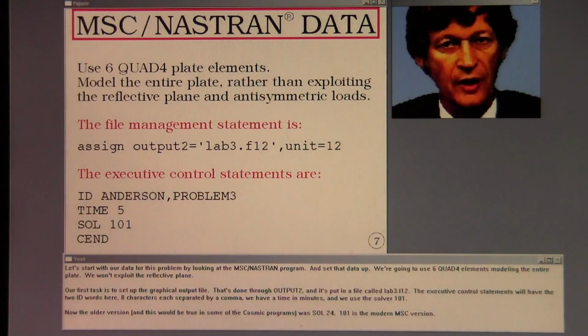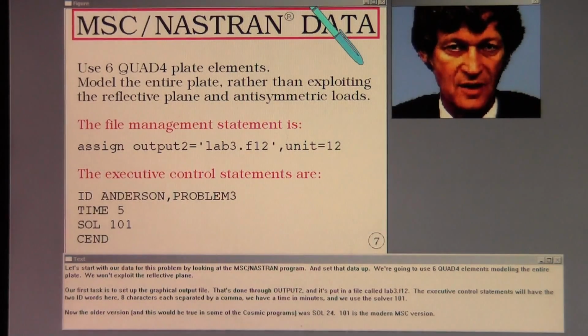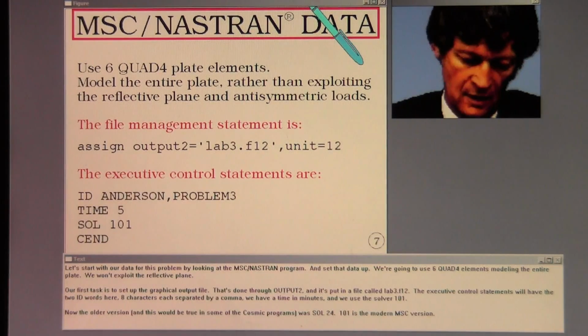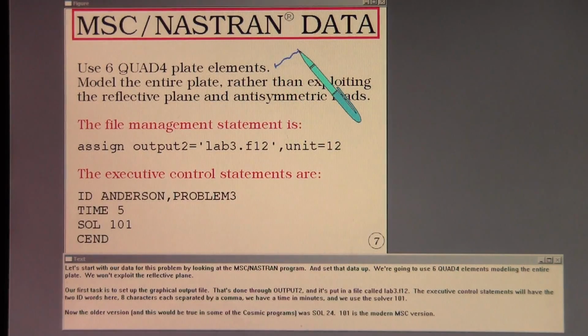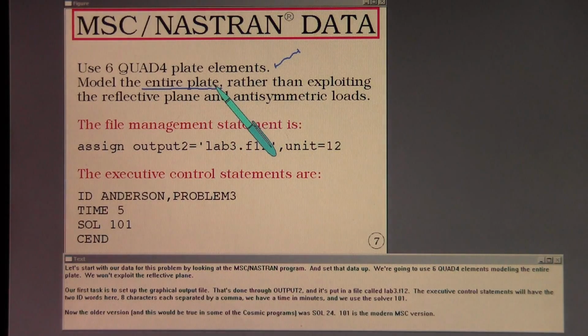Let's start with our data for this problem by looking at the MSC NASTRAN program and set that data up. We're going to use 6 quad 4 elements, modeling the entire plate. We won't exploit the reflective plane. Our first task is to set up the graphical output file. That's done through output 2, and it's put in a file called lab3.f12.